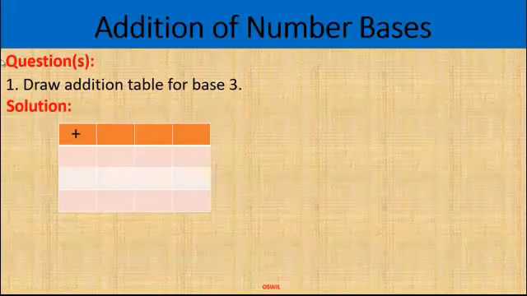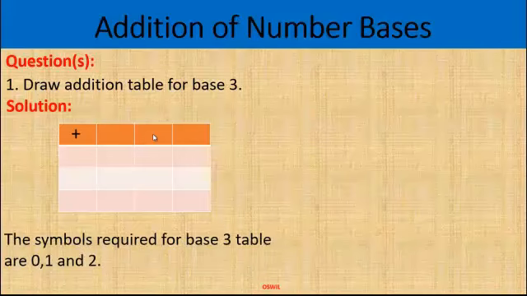After the addition sign, we need all the 3 symbols. So in the first row, write the symbols with each symbol occupying a cell, and it should start from the lowest to the highest. So we have 0, 1, and 2.